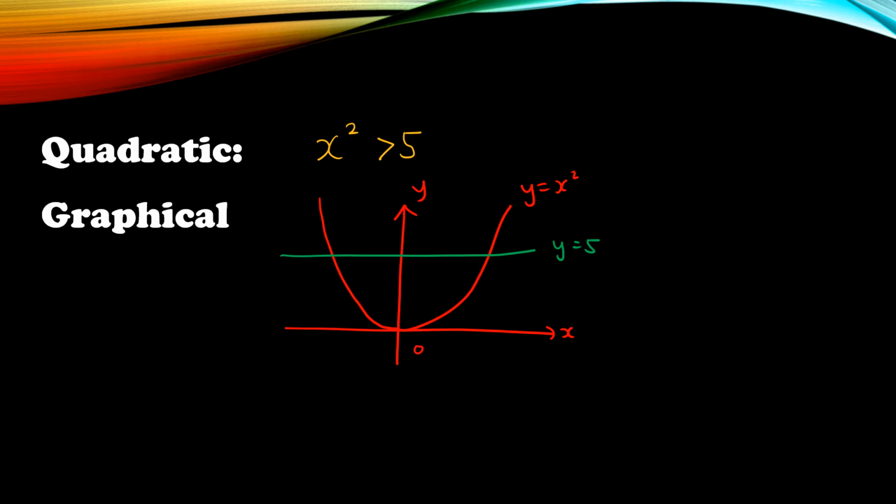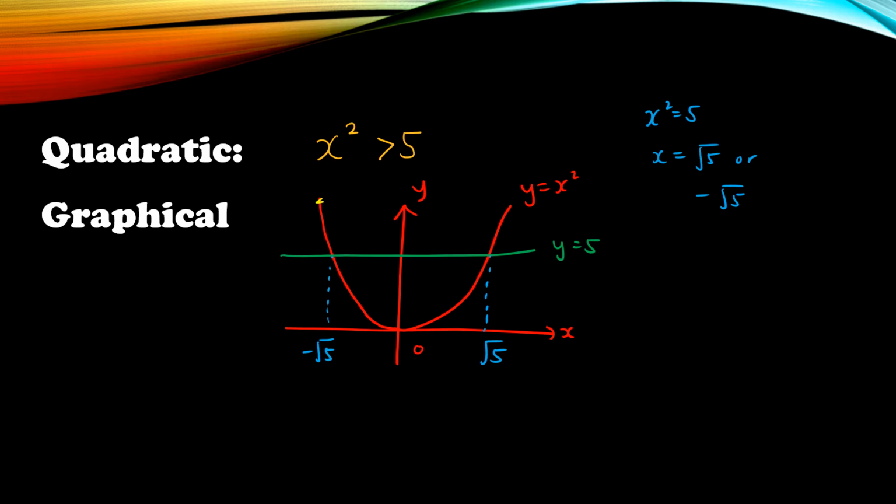The first thing we can do is find the point of intersection. Finding the point of intersection means it's equality. So x squared equals 5 means x is positive or negative root 5. What we want is the portion of the red curve that is above the green line. x squared greater than 5 means the red curve is above the green line.